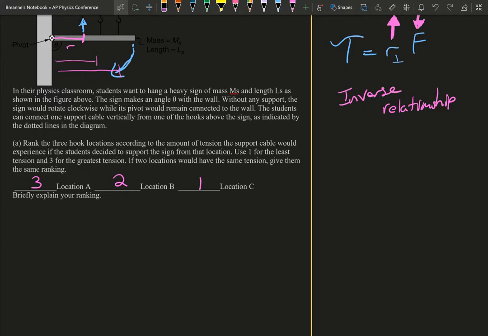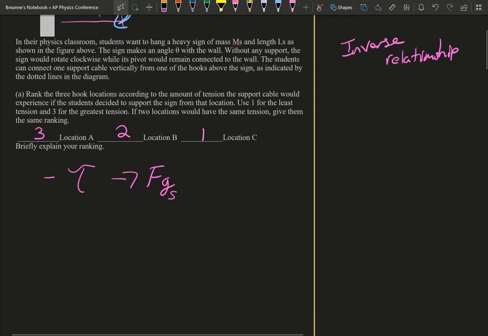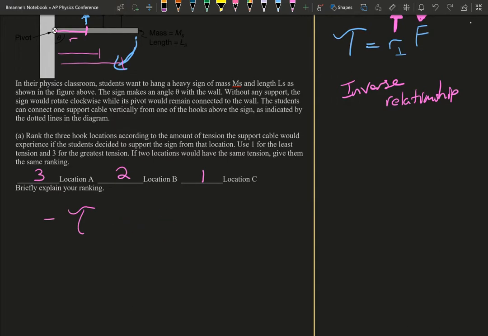So for this one, to get your points, you would have to talk about that. You would also need to add that the torque that's causing it to rotate is the force of gravity of the sign. So force A and force B and force C would have to counteract. Key points here to get points: you would want the sum of your torques to be equal to 0.